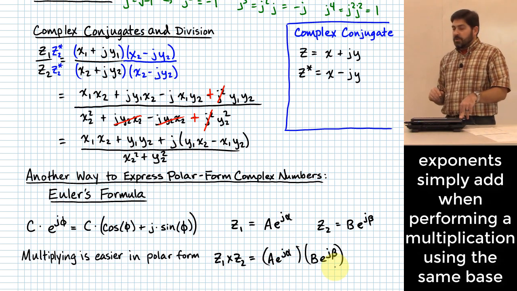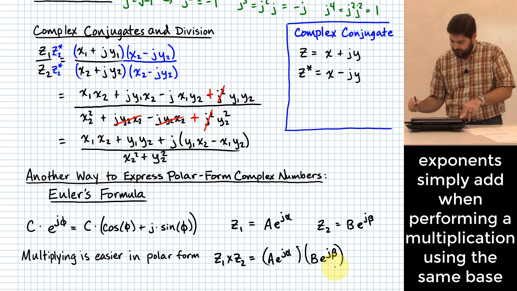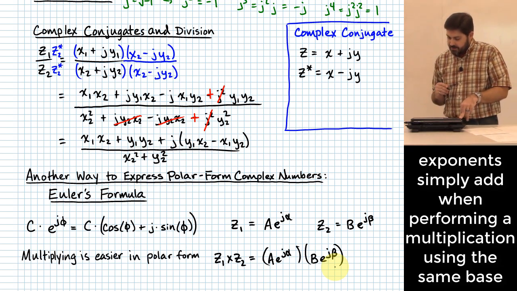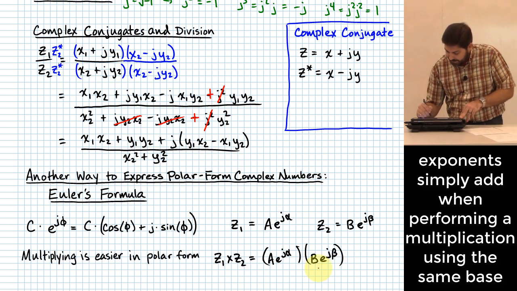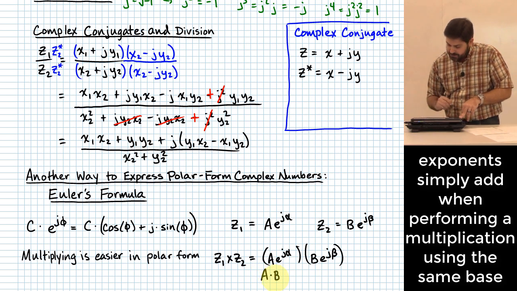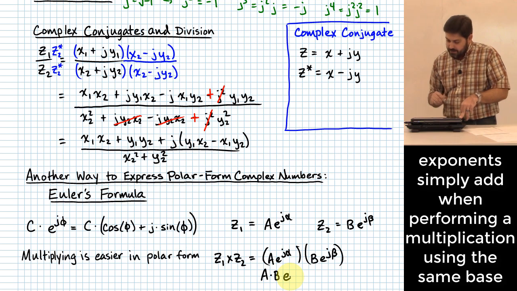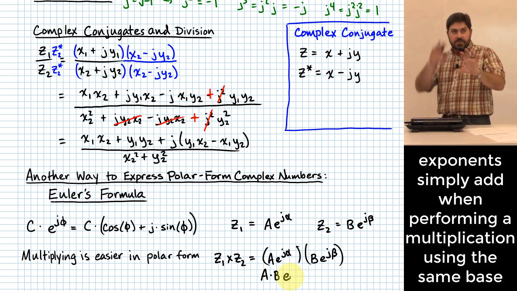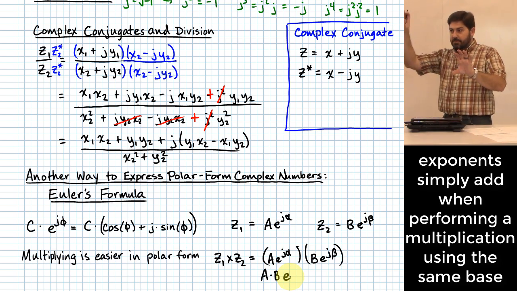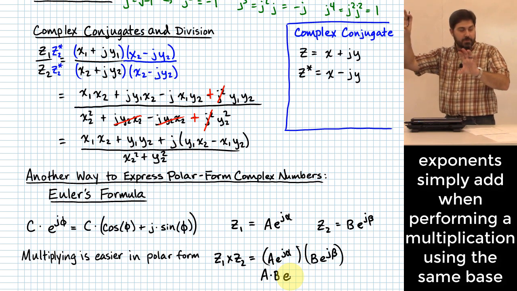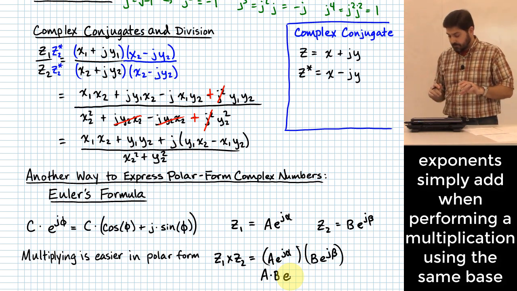Now, what kind of things can we do with this? Could I collect my e terms? Okay, I probably can, and I can probably collect my a and my b. I could say this is just a times b times what? E. Now, e to some power times e to some other power, what's an exponent rule for that operation?